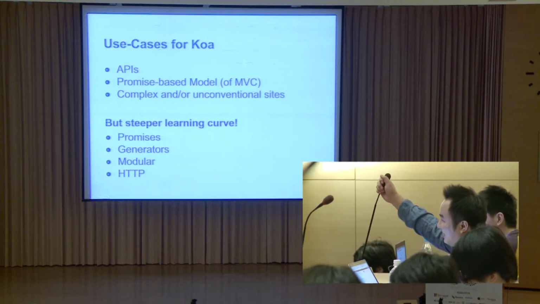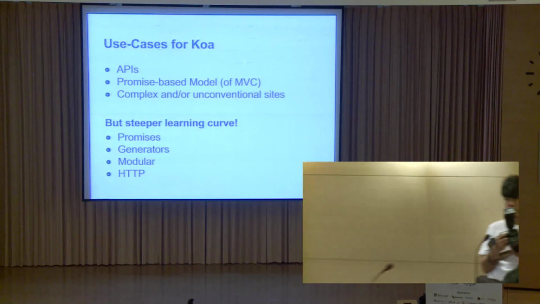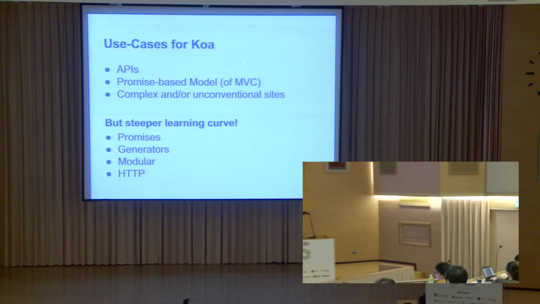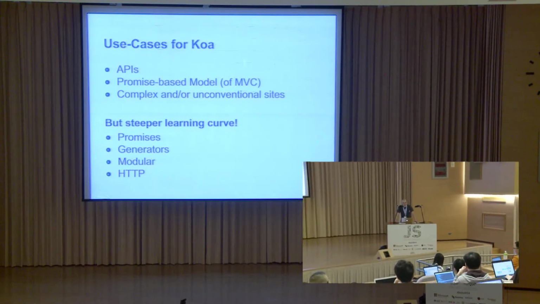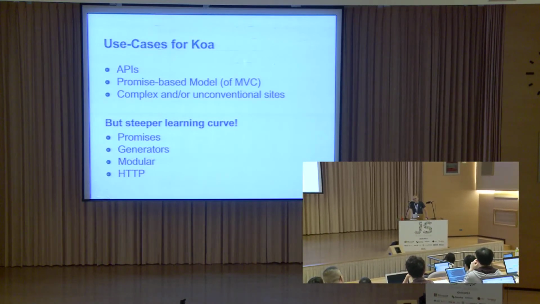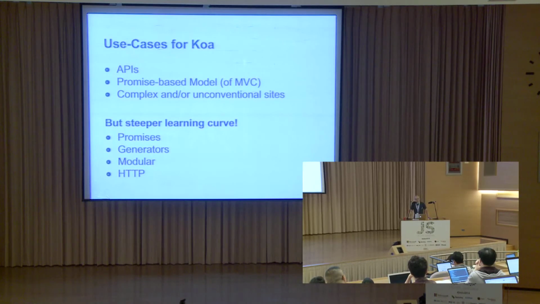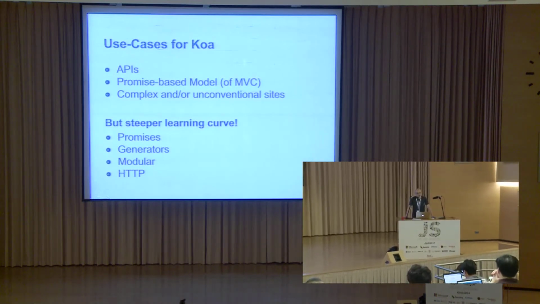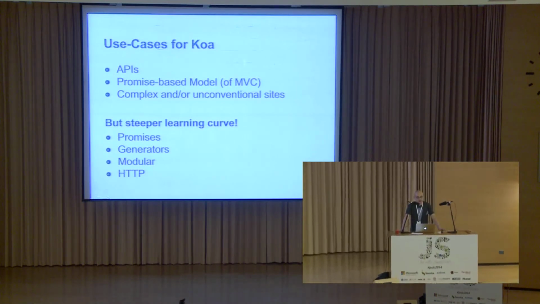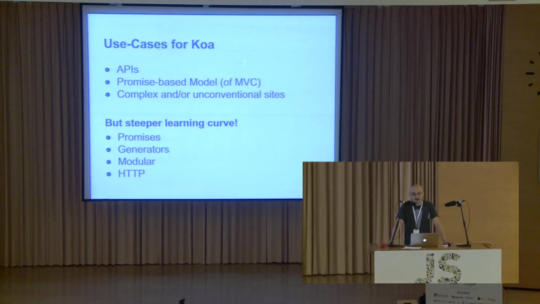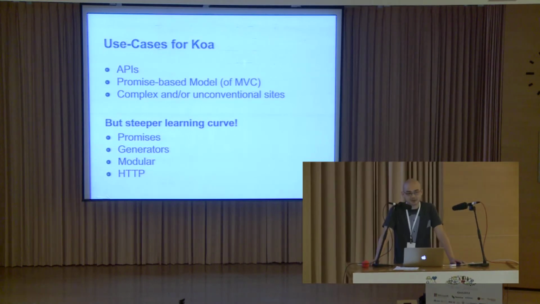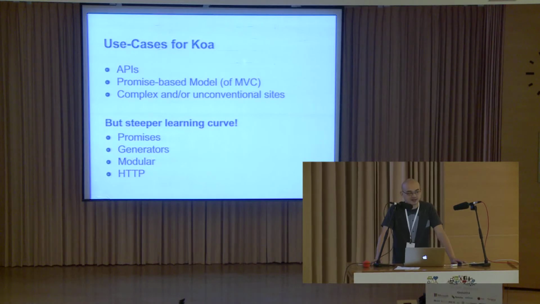Okay. I don't know if you guys know, but TJ actually sold Express to StrongLoop. There are a few companies fighting for the Node ecosystem, for branding, because they're all consulting companies. StrongLoop is one of them, so they bought Express from TJ. I think TJ expected them to maintain it, but they didn't end up maintaining it.